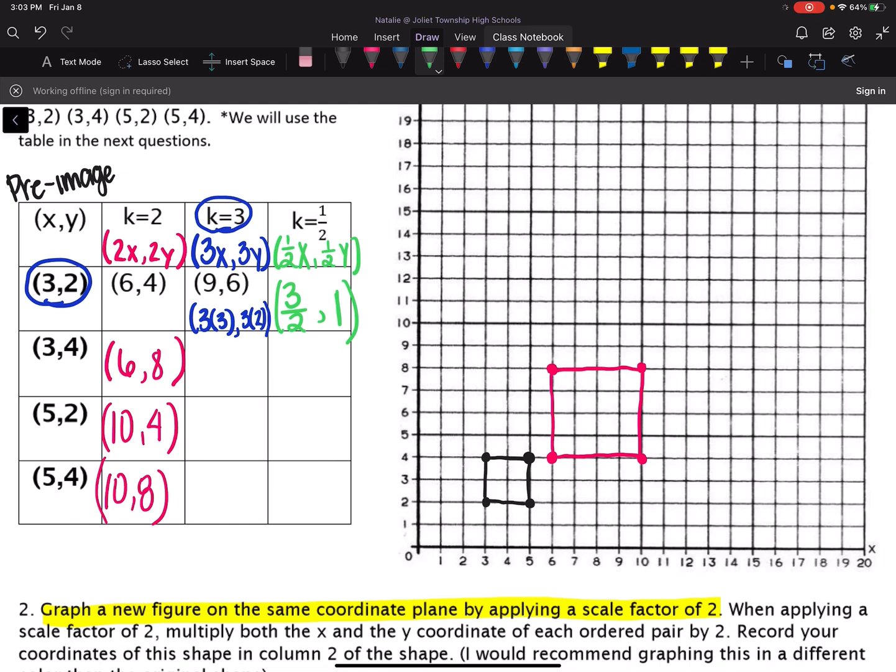So I'm going to complete those same steps with the rest of my coordinates. Again, you can go ahead and pause the video at this time if you want to calculate them on your own and check your work, or you can follow along with me.